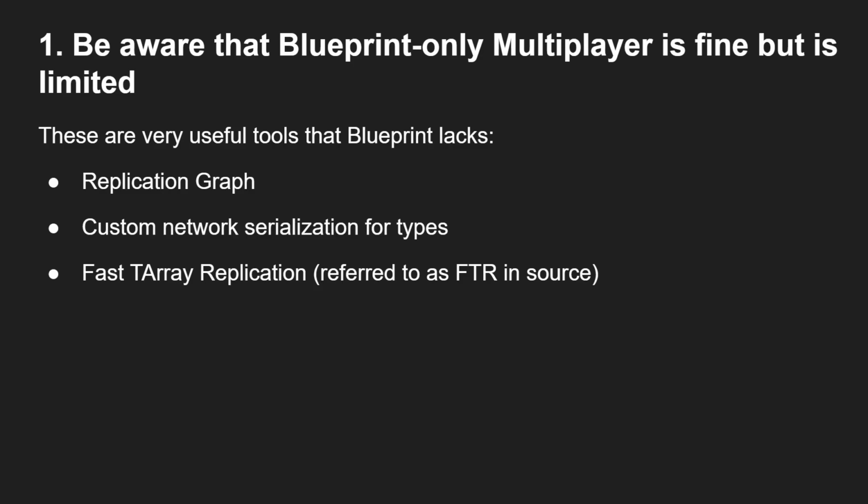They have some optimizations there, and they also have very good replication callbacks for the client that you can use whenever you add an element, for example. In a simple TArray, the regular TArray, you have, for example, to traverse the array and check against the old one to know what changed.